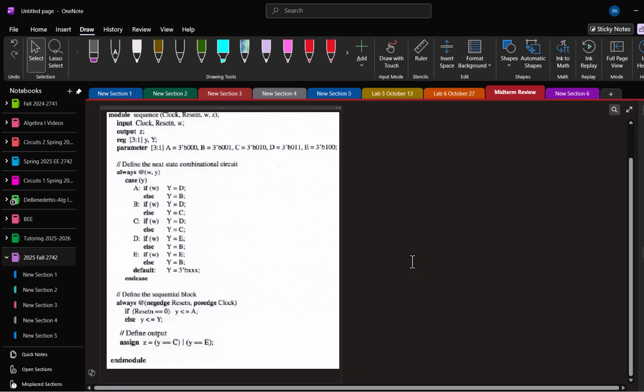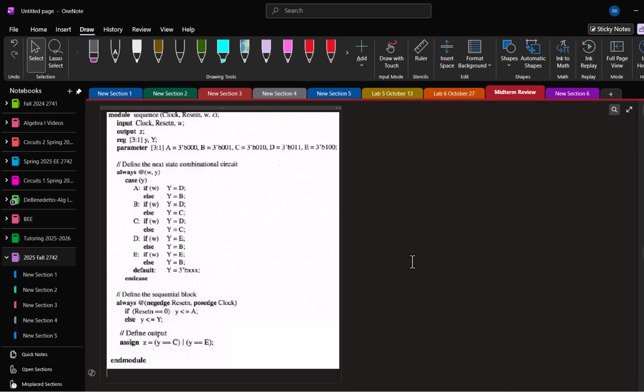Okay, so I can tell that this is a finite state machine because I've got the two always blocks. I see that I'm defining my output outside of both always blocks and that my output depends only on what state I'm in.